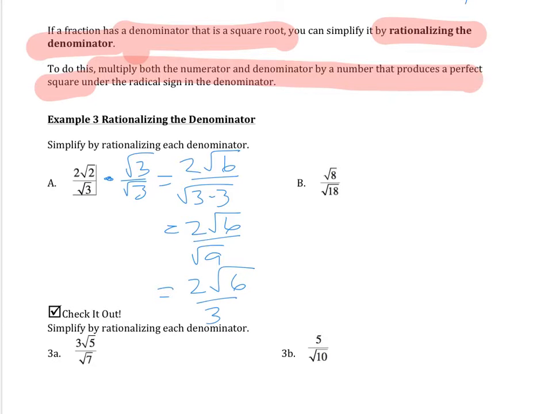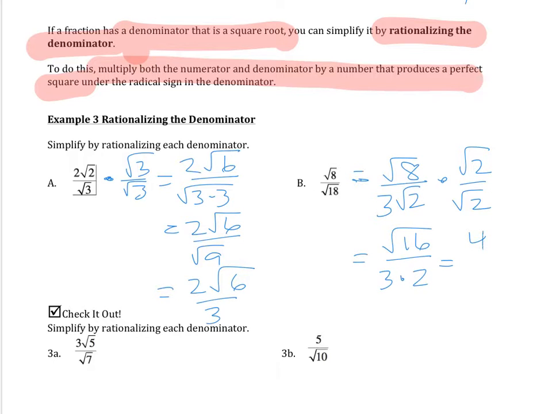And you see then we end up with a nice number in the denominator. When you have something like this next one, you might want to simplify it first. Square root of 18 simplifies into 3 root 2, so that you multiply by the smallest number. You don't have to.